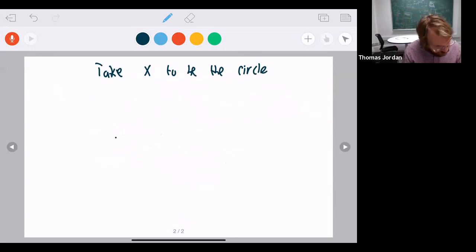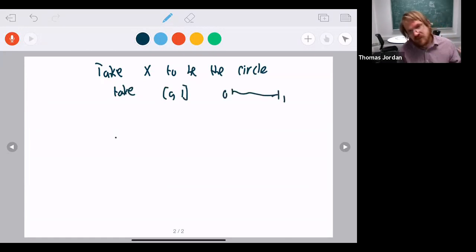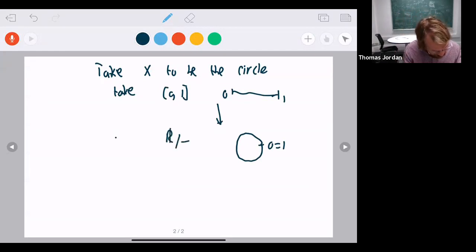And what I mean here is, take the interval [0, 1], but then we're going to glue the point 0 to the point 1 to get a circle. So 0 and 1 become the same point when we glue them together, and that gives us a circle, which is often depicted as R mod Z. This will be the space that we work on.